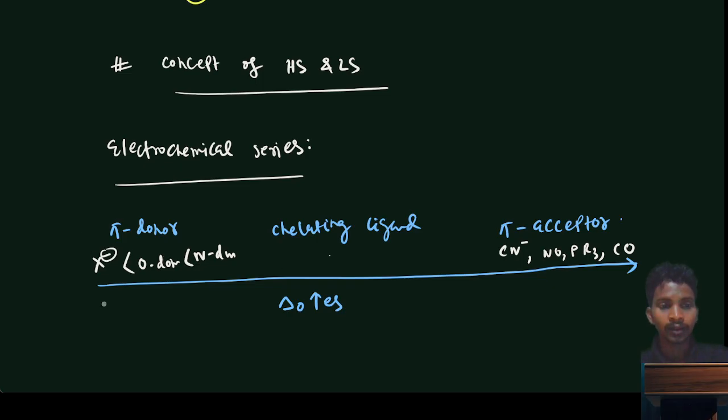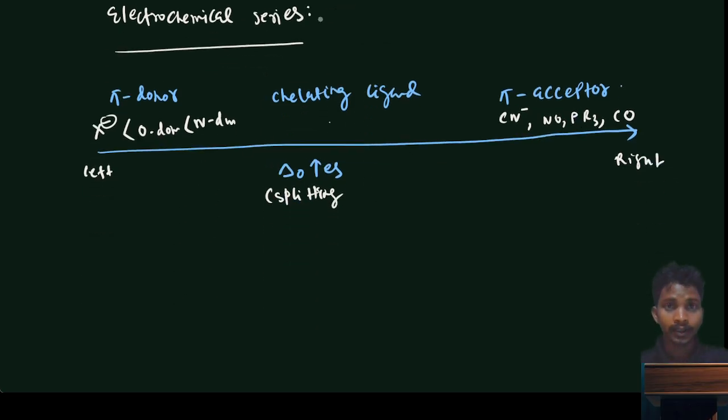So from left to right, the splitting, this delta naught, will increase. So I will write the spectrochemical series.